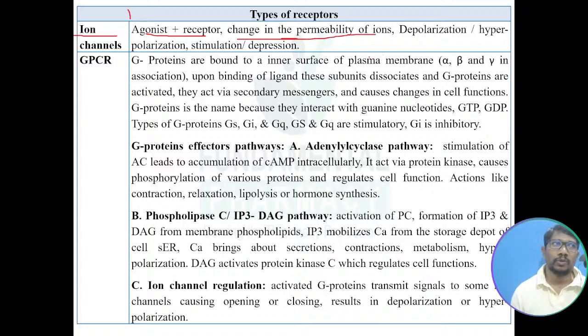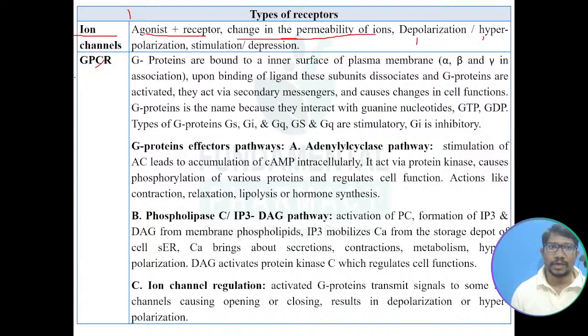So either sodium will go inside the cell, causes depolarization, or calcium goes, causes depolarization or stimulation, or chloride opens, and that causes the hyperpolarization and depression. So depolarization leads to stimulation, hyperpolarization leads to inhibition.